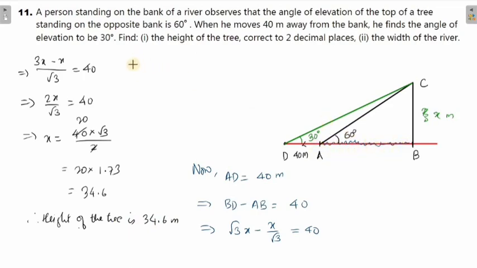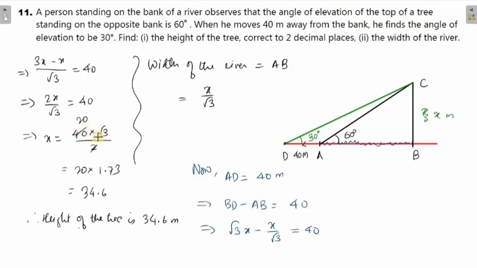Now the question is asking what is the width of the river. We will find the width also. The width of the river is AB, and AB is x by root 3. What is x actually? x is 20 root 3.